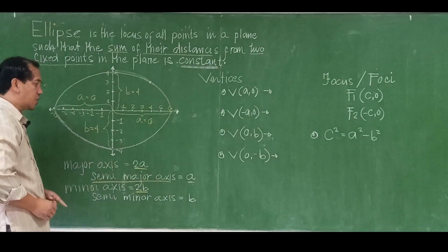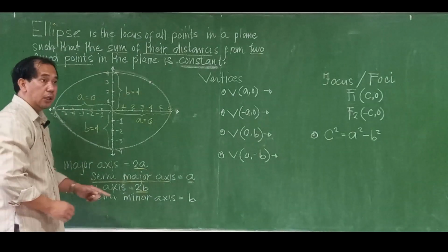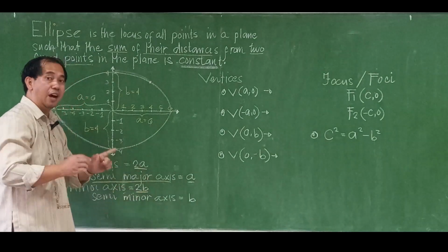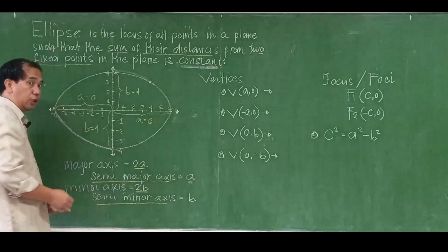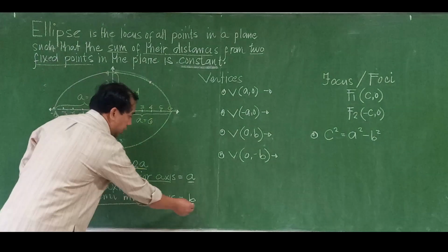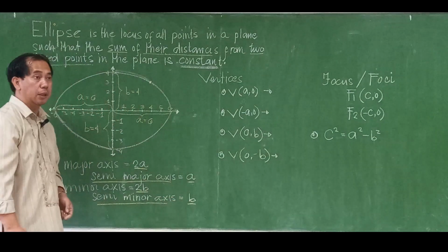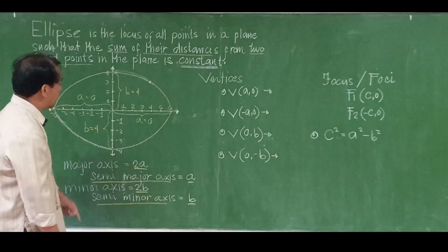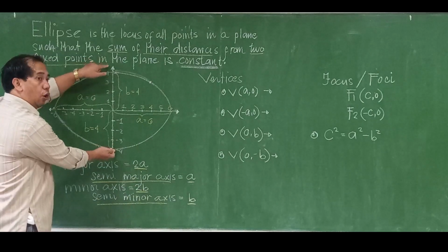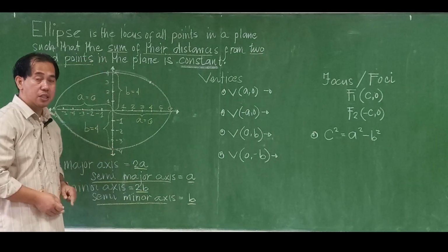The semi-major axis is actually half of 2a, or half of the major axis. We also have the semi-minor axis, which is just a measure of b. Why? Because the semi-minor axis is half of the minor axis.